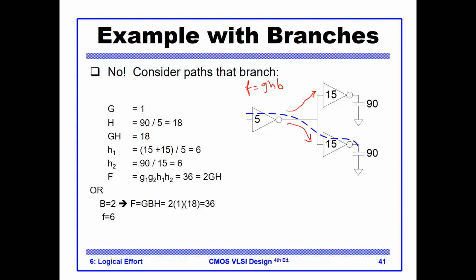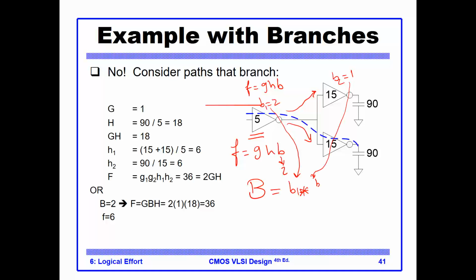So for this particular gate, F equals GHB, and B in this case equals 2. For this gate, B equals 2, and for this gate, B equals 1. For the entire path, it is B1 times B2, which is 2 times 1.